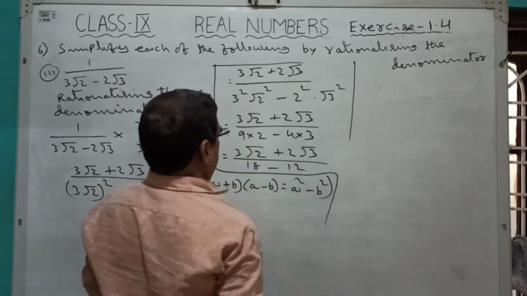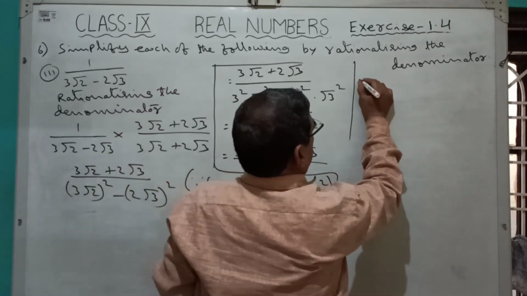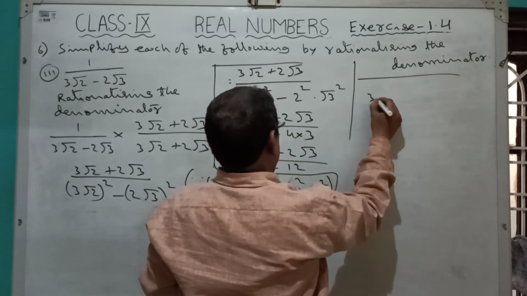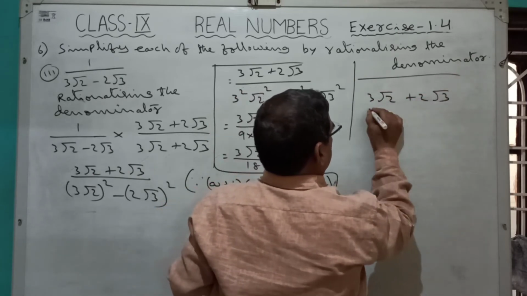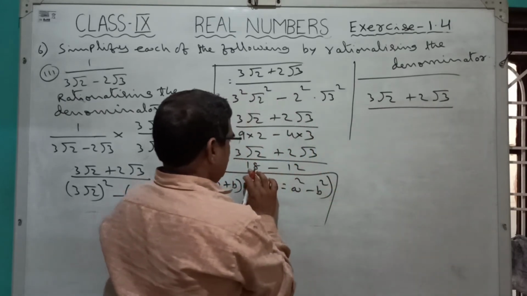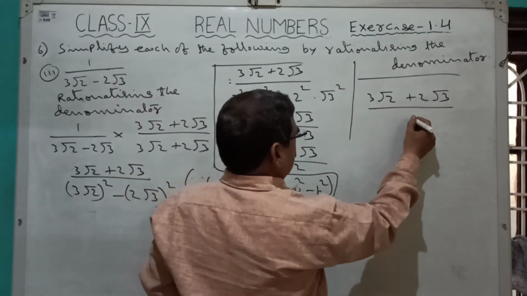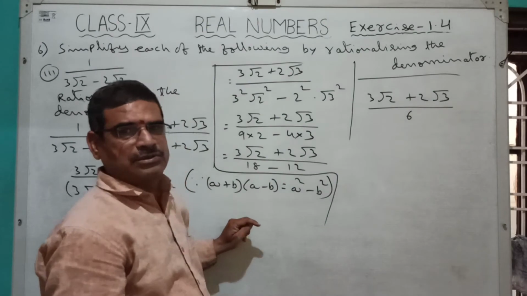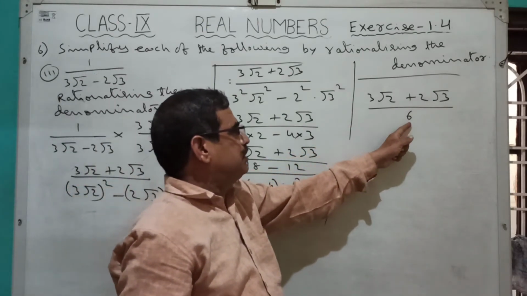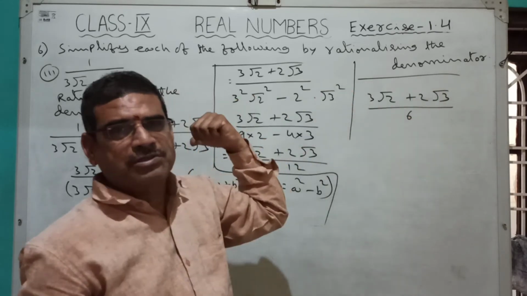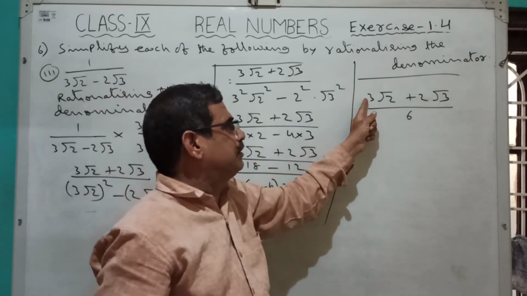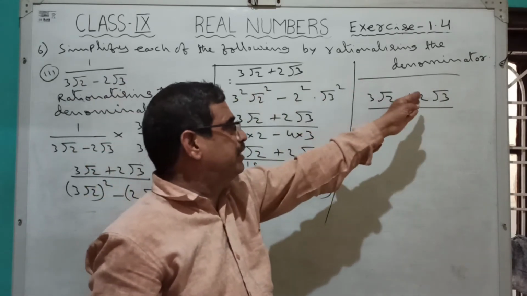So next step, 3 root 2 plus 2 root 3 by 18 minus 12, 6. So 6 is there. So here 6, here 3, 2. Is there any number to take outside? No. Here the 3 table will come outside, but here there is no 3.